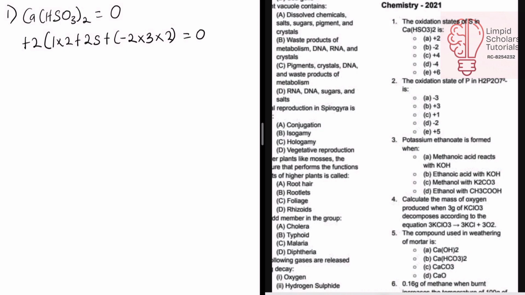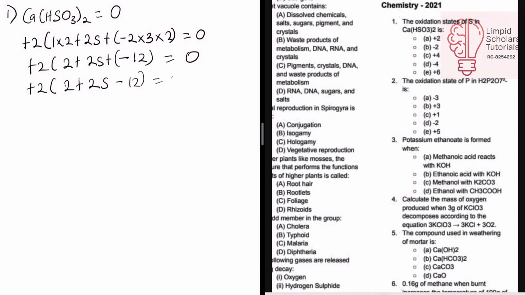So what next? Plus 2, plus 1 times 2 is 2, plus 2S, plus 3 times 2 is 6, and 6 times 2 is -12, which is equal to 0.